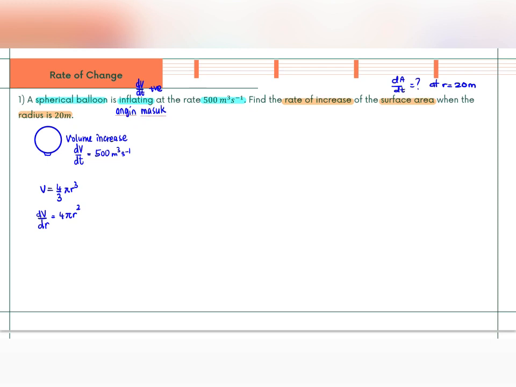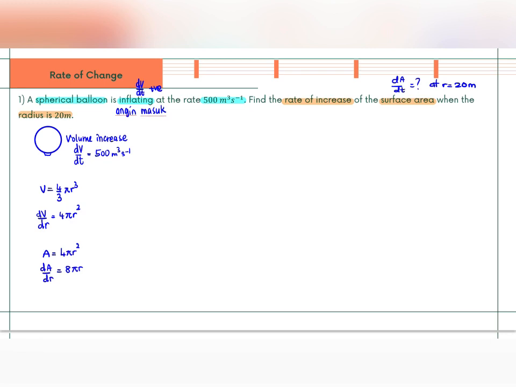Okay, next, kita kena tahu what is the formula untuk area, surface area. Surface area untuk sphere adalah 4 pi r squared. Okay, so kita differentiate with respect to r, kita ada 8 pi r. Alright, so ini adalah info yang kita dapat.